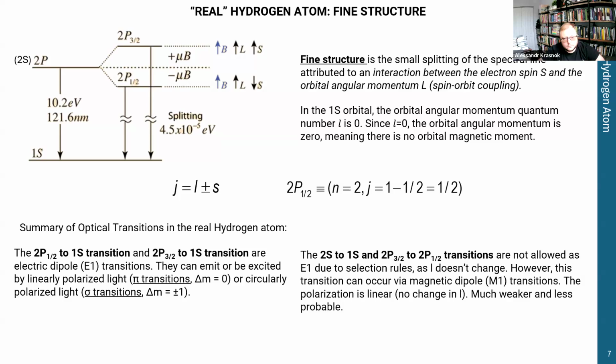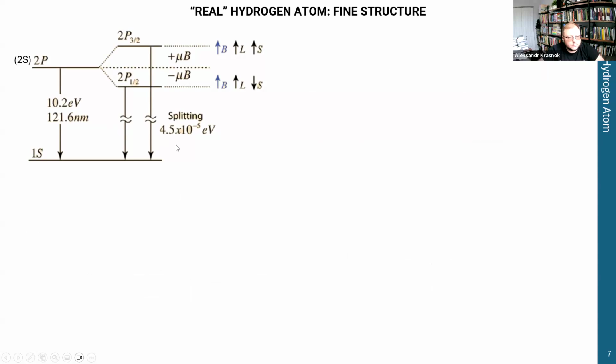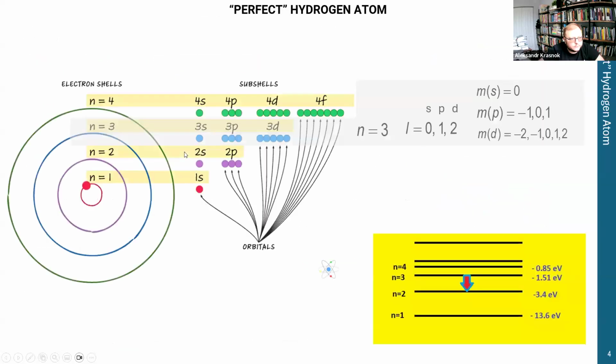And secondly, by the way, I also forgot to mention that this level 2p is not just 2p, right? It's two levels there, 2s and 2p, because in the perfect case, I remind you that we have these two orbitals, two subshells, 2s and 2p.